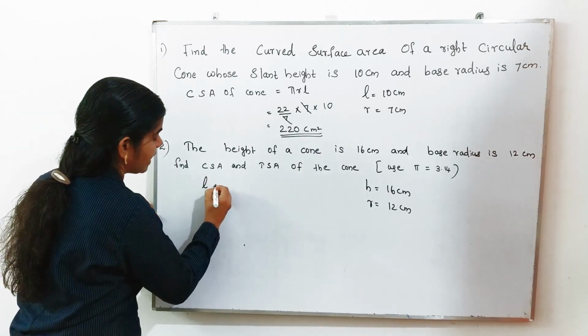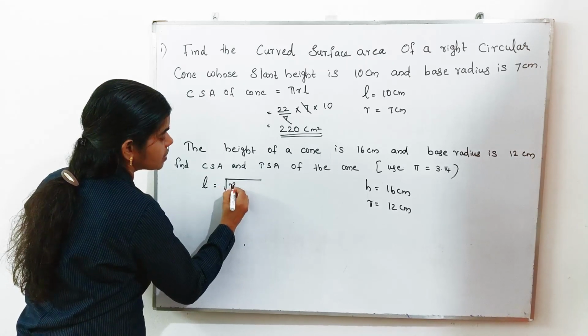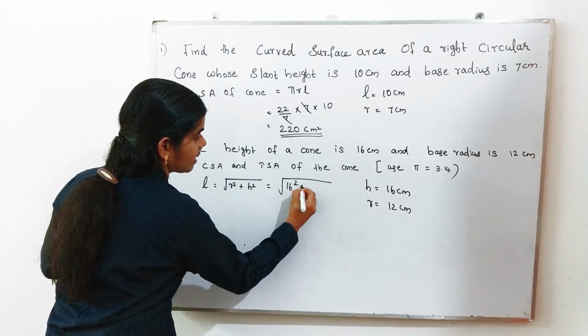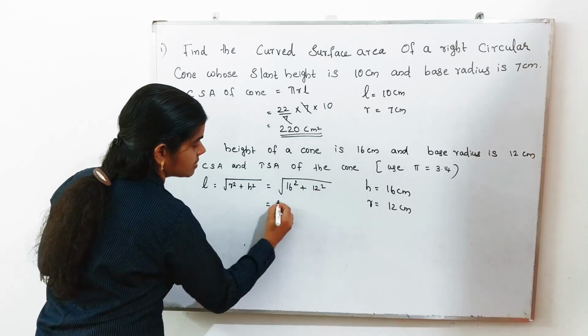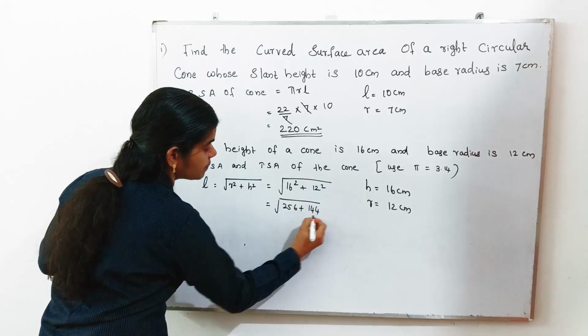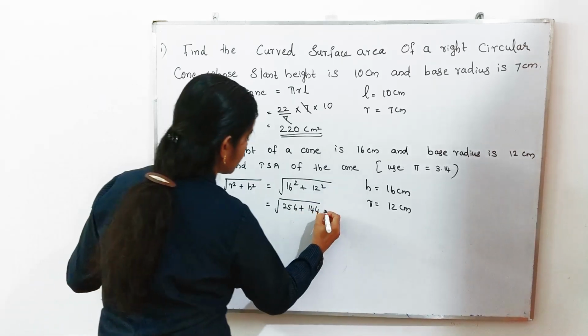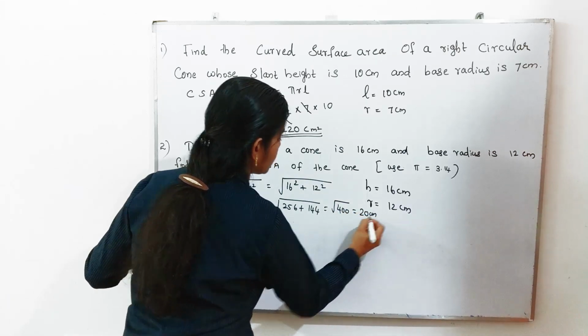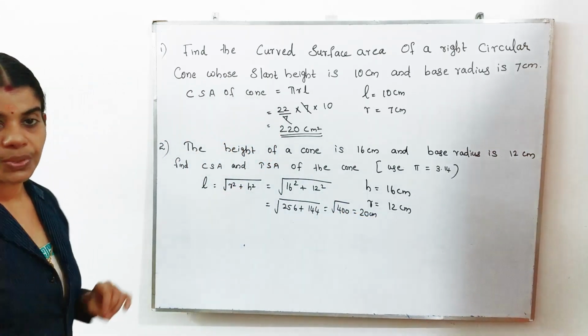L is equal to root of r square plus h square, that is 16 square plus 12 square. 16 square means 256 plus 144, that is equal to root of 400, that is 20 centimeter. So L is equal to 20.